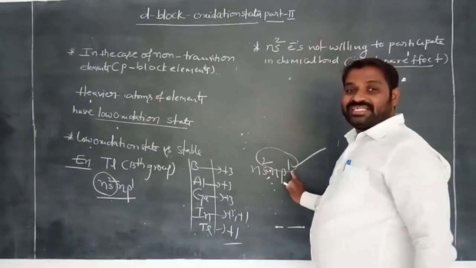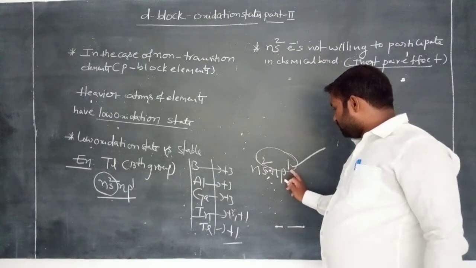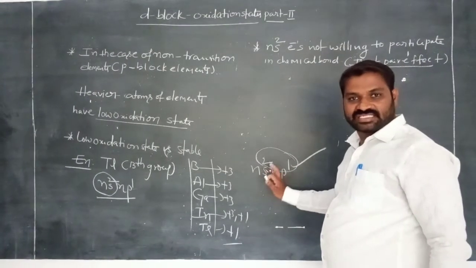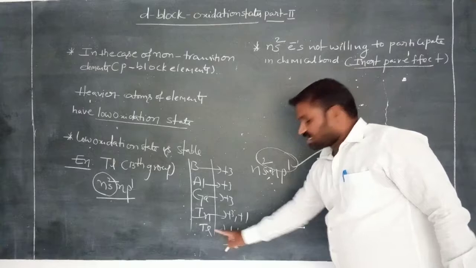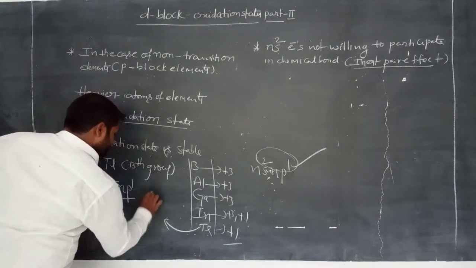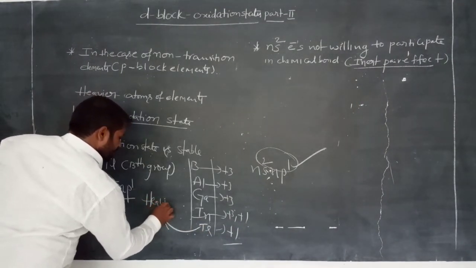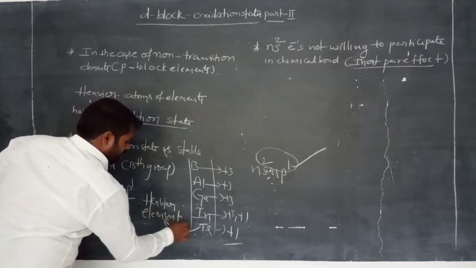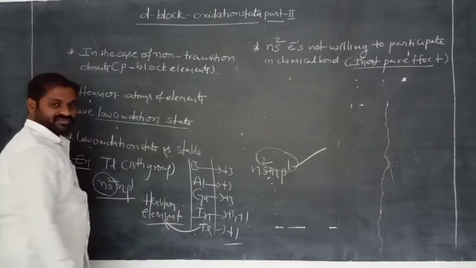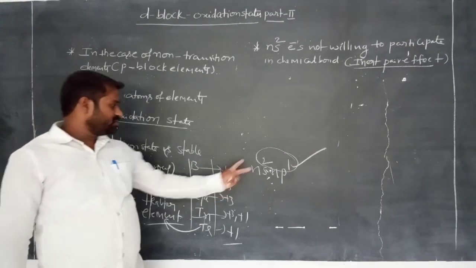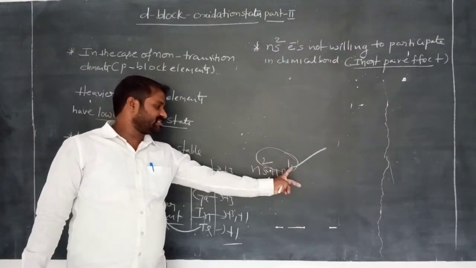So thallium can easily lose only 1 electron, which is present in np, not these 2 electrons present in ns. Clear? So thallium is a heavy atom, a heavier element, present at the bottom of the group.